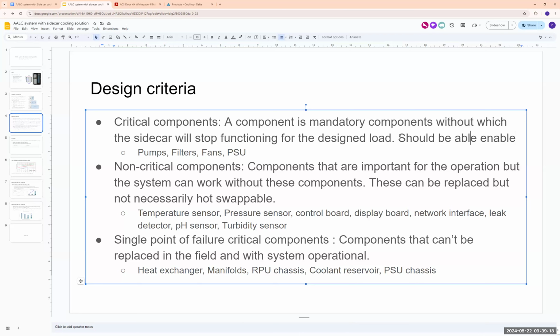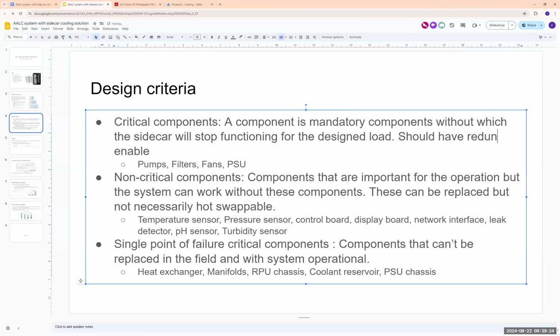You have full redundancy to be able to run the system until service comes. So redundancy is good enough, not hot swappability. Hot swappable is nice to have in that case, but I think it depends on what the customers want.